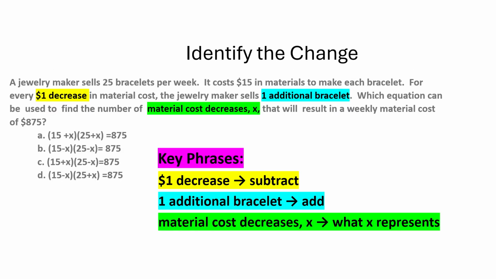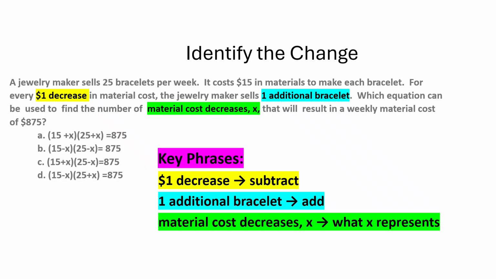A jewelry maker sells 25 bracelets per week. So, starting off, we're given that the jewelry maker is going to sell 25 bracelets every week. The next sentence says it costs $15 in materials to make each bracelet. This simply means that it is going to cost the jewelry maker $15 to make each and every one of those bracelets.